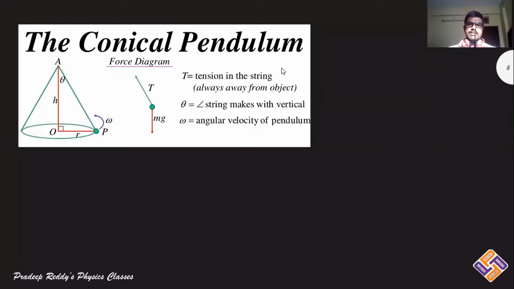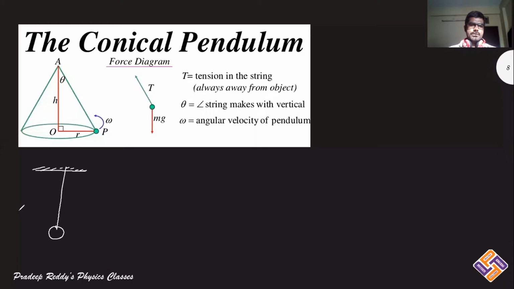Now let us take one example of horizontal circular motion, which is the conical pendulum. Conical pendulum is an example of horizontal circular motion. Usually, a pendulum is a mass attached at a certain height.